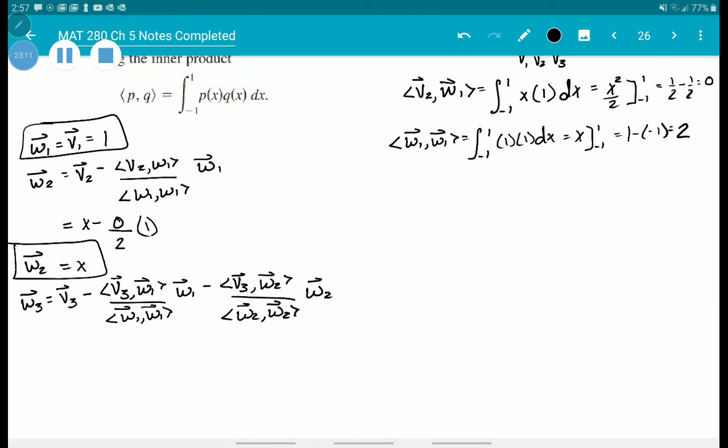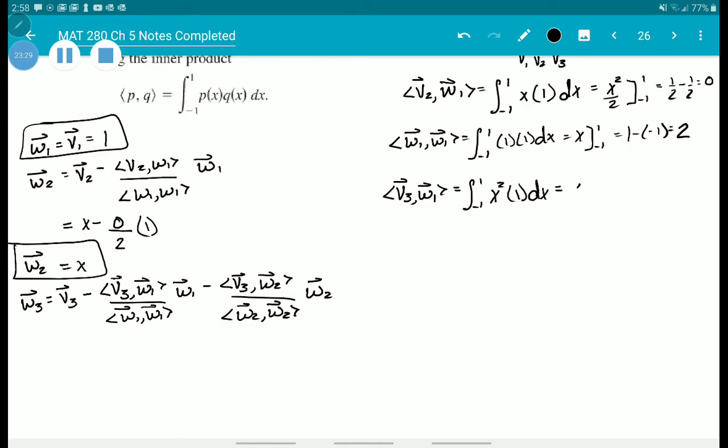So let's compute a few things off to the side. We need V3 with W1. V3 is x squared, W1 is 1.